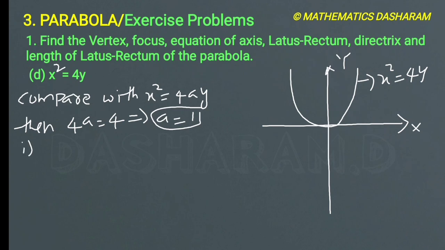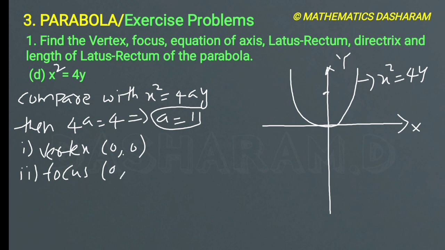The first one is vertex. Here the vertex is the origin, 0 comma 0. Next, the second one is focus. Focus means fixed point, which here will be on the y-axis. So its formula is 0 comma a, which implies 0 comma 1.